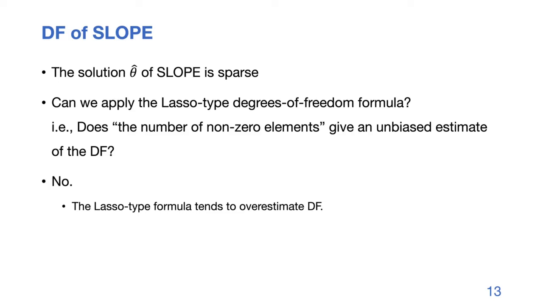So in other words, we are interested in whether the number of non-zero elements gives an unbiased estimate of the degrees of freedom for the SLOPE solutions. Okay, but the answer is no. Because if we apply the lasso type formula to SLOPE solutions, then we will overestimate the value of the degrees of freedom.